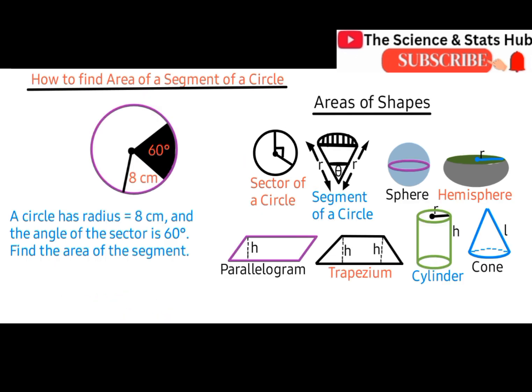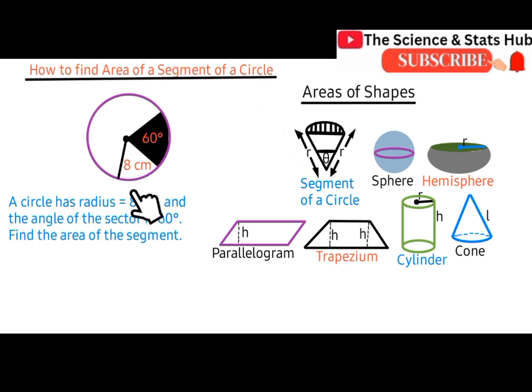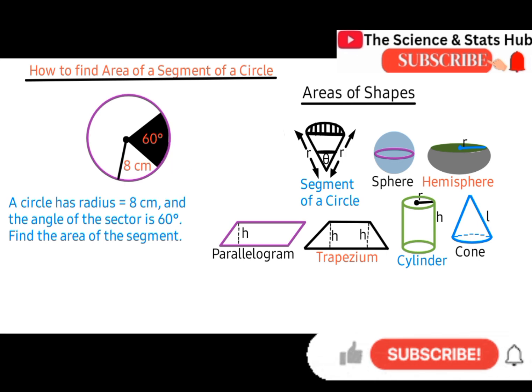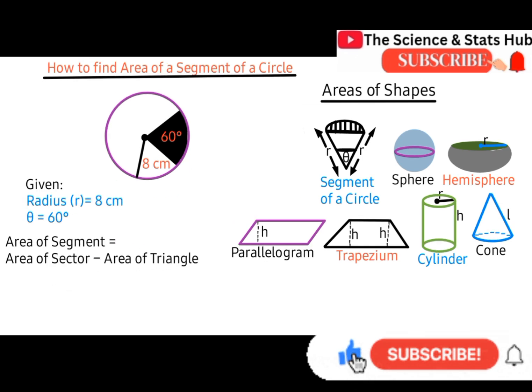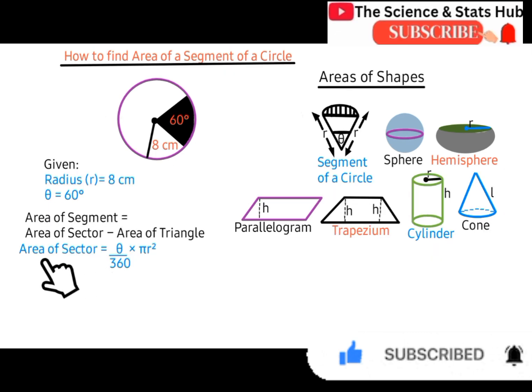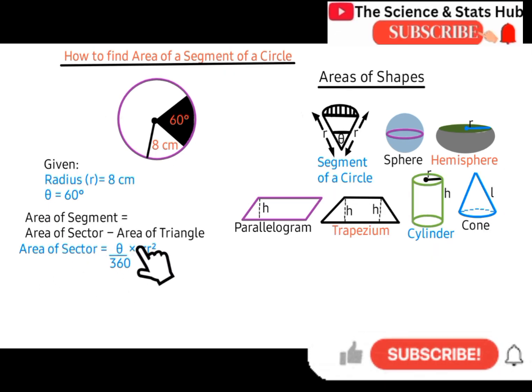Now let's proceed to learning how to find the segment of a circle. A circle has radius 8 centimeters and the angle of the sector is 60 degrees. Find the area of the segment. Finding the area of a segment of a circle entails finding the area of the sector and also finding the area of the triangle. This means firstly we'll find the area of the sector. This is our formula for area of a sector.